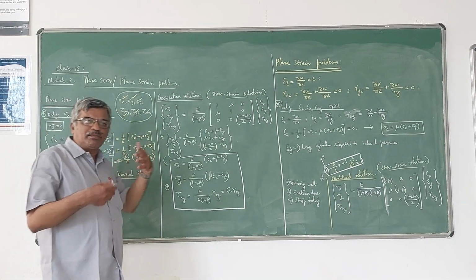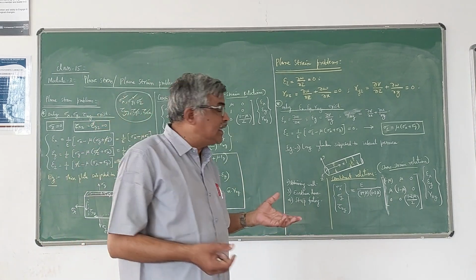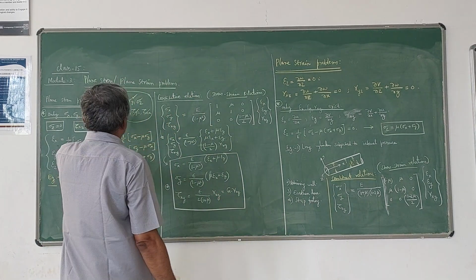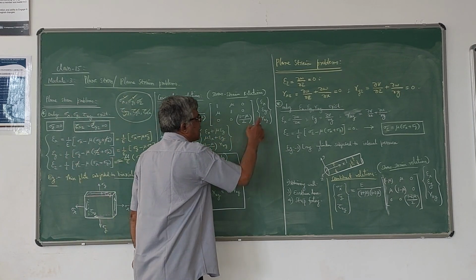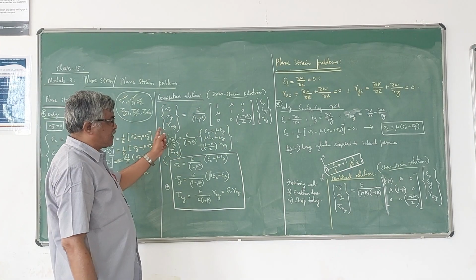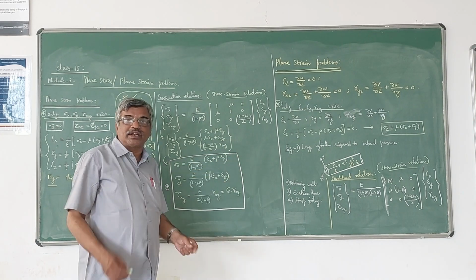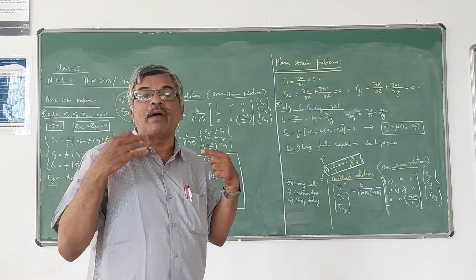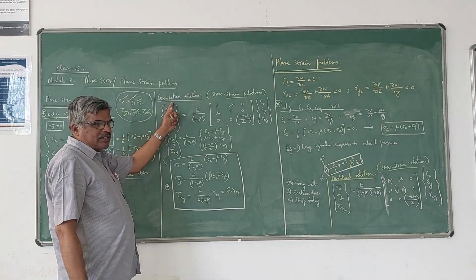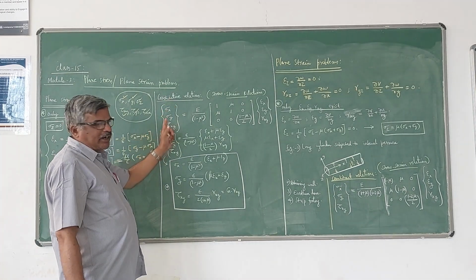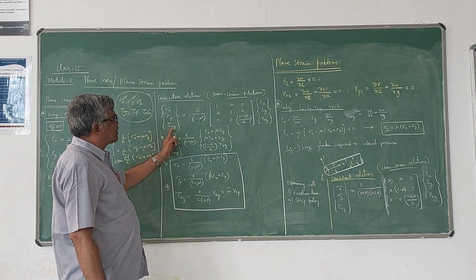This relationship between stress and strain in the case of a plane stress problem can be expressed in the form of a matrix equation like this. You can always express a set of equations in the form of matrices. Here on the LHS I am going to take the stress components as a column vector: sigma x, sigma y, tau xy.